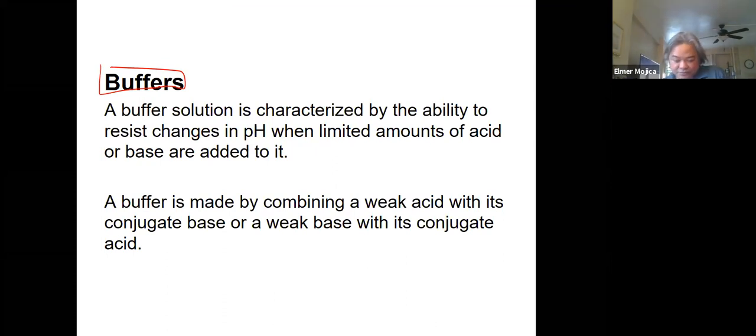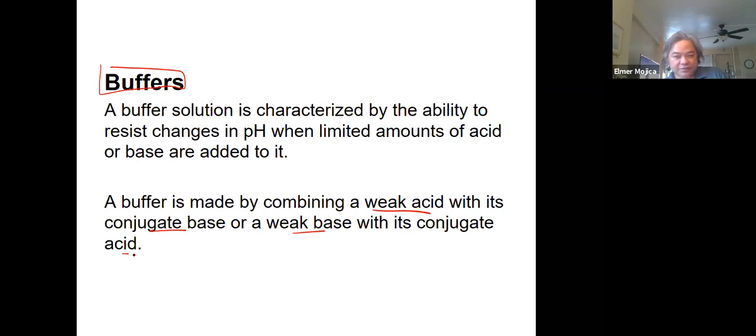So usually when you have a buffer, it resists drastic pH change. And a buffer is made up by combining a weak acid and its conjugate base, or a weak base and its conjugate acid. So a buffer is just an application of a common ion. The presence of a common ion usually suppresses the ionization of a weak acid or weak base.